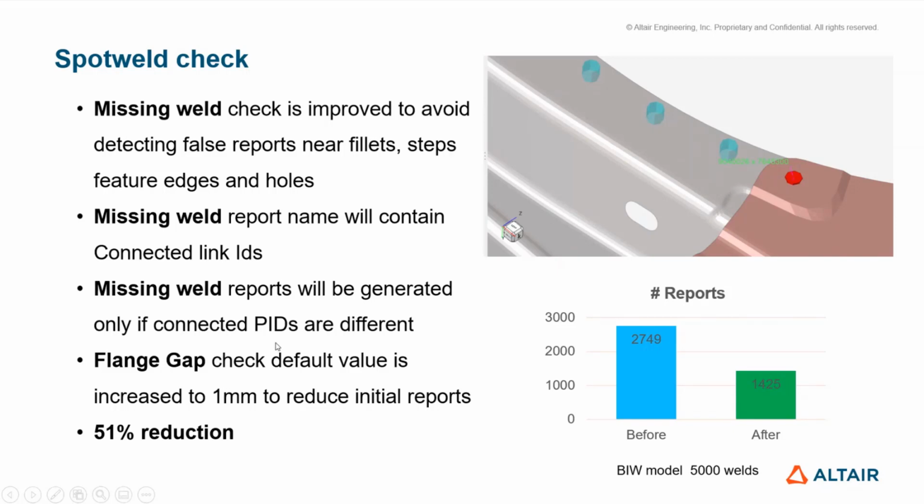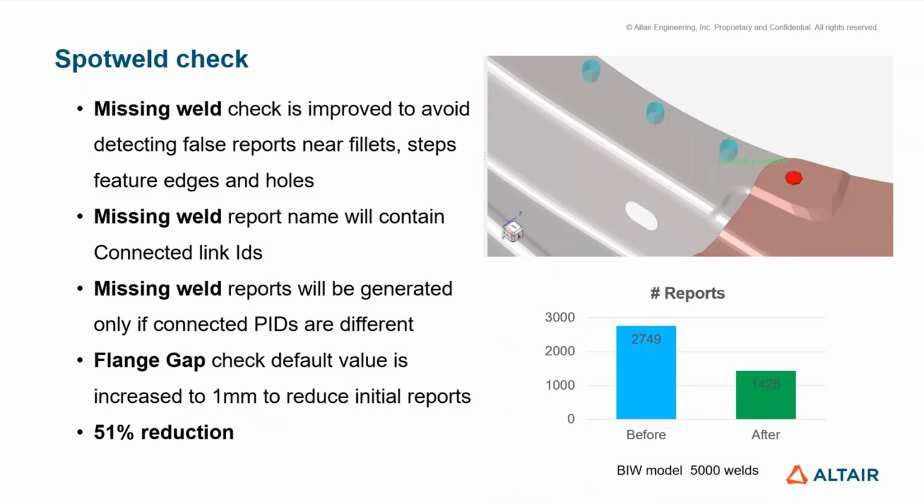And for flange gap, for example, at the spot weld location, we try to measure the distance between two flanges. If the flange gap is not appropriate, then there are chances where the rupture might happen or may not happen. So most of the automotive companies wanted to maintain this flange gap correctly.